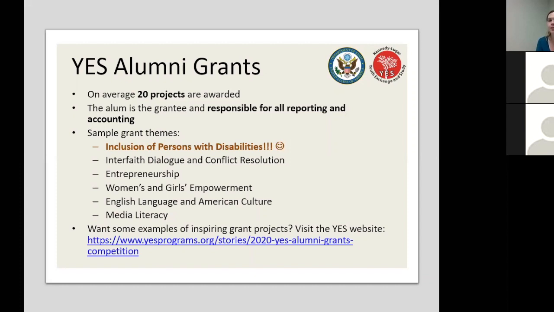So the State Department has informed us that they really would like to see preference given to projects that involve persons with disabilities. So if this is something that you're passionate about, then this is something that we're going to be giving extra consideration to strong project proposals that involve disabilities awareness and inclusion and advocacy. So just something to think about for the coming year.